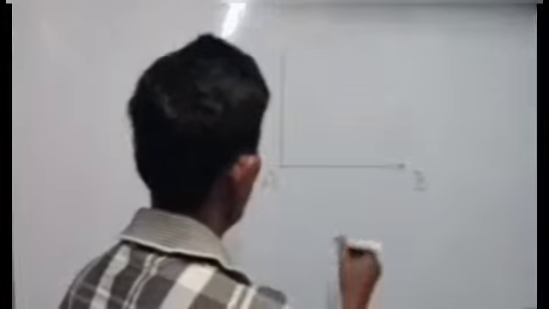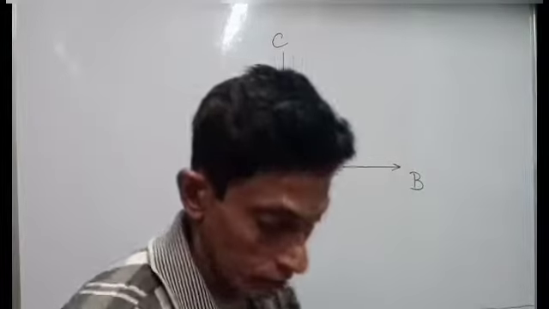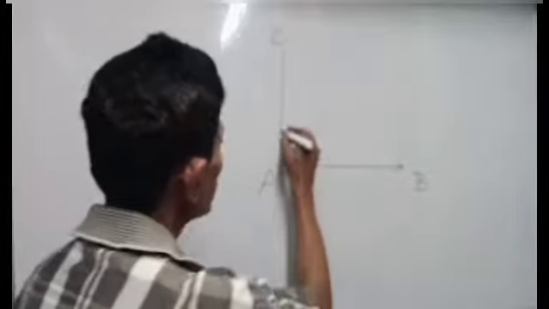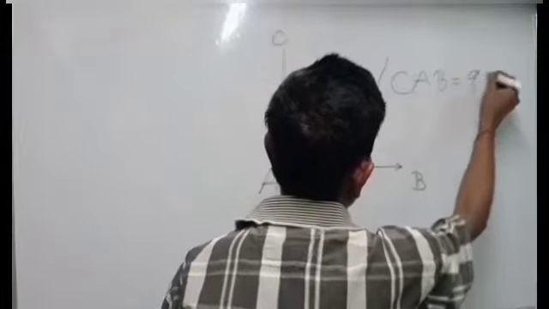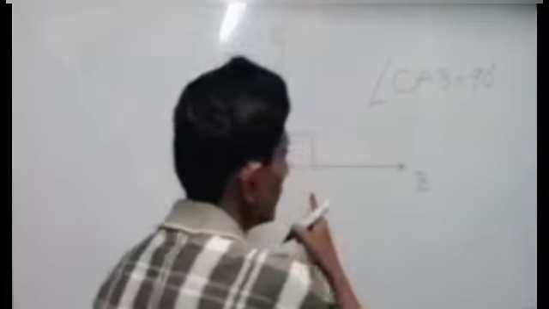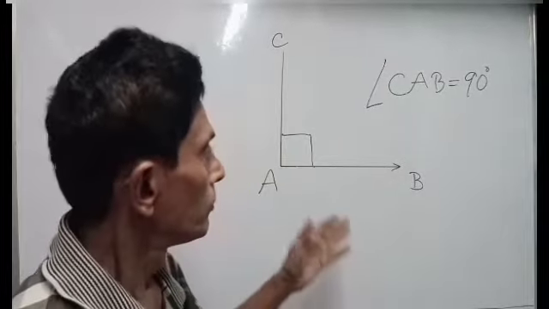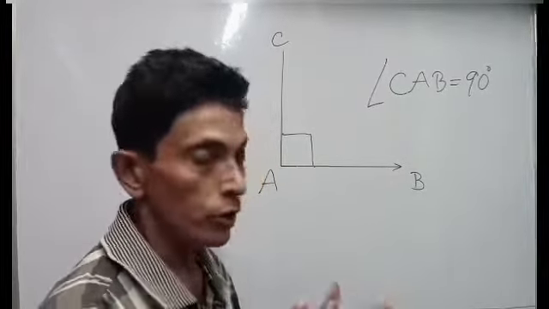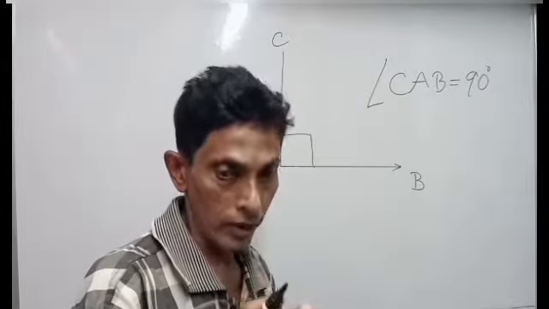This is the right angle, A. This is the C. It is a right angle, means angle CAB is 90 degrees. It is a right angle, but it is not the process to draw a right angle. To draw a right angle, we have to use a pencil, compass and a ruler.